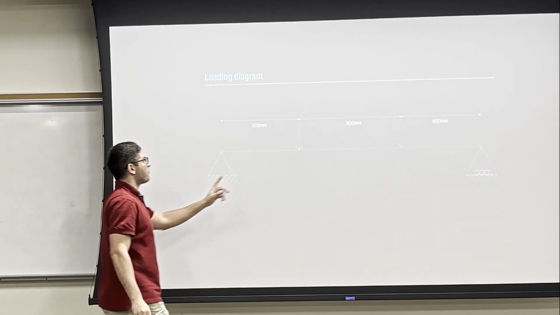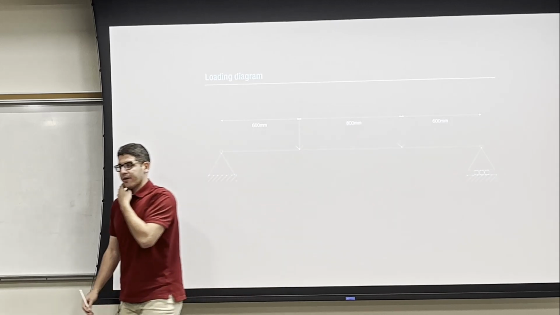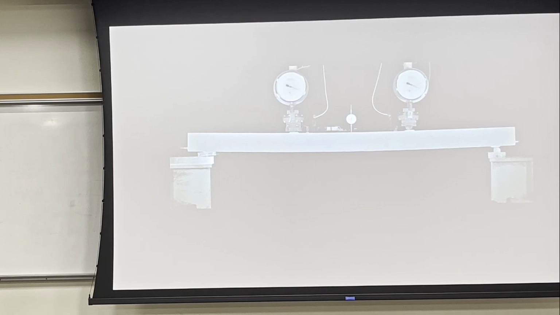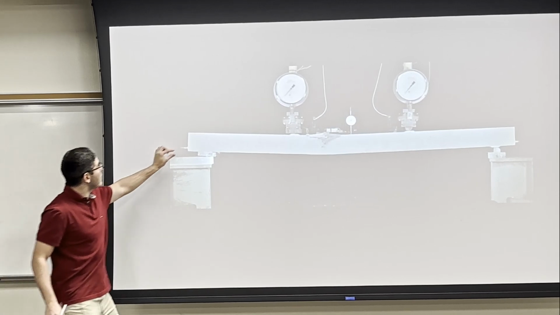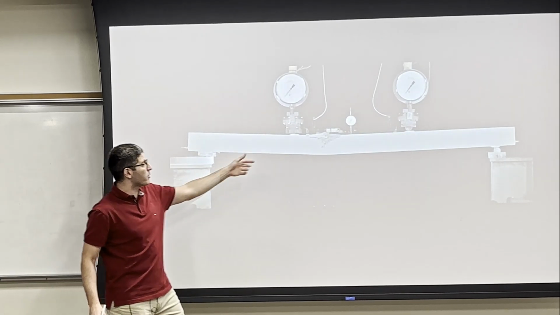We applied 2-point loads here. I want you to notice how this beam bent. I'm going to speed it up a little bit. Okay, so here it broke. But before it broke, look how it bent. The steel didn't pop out before it broke.